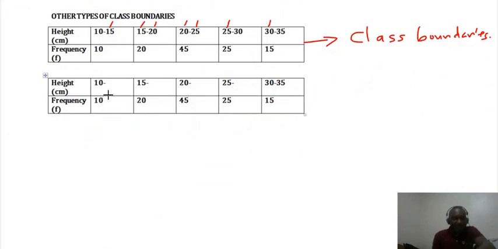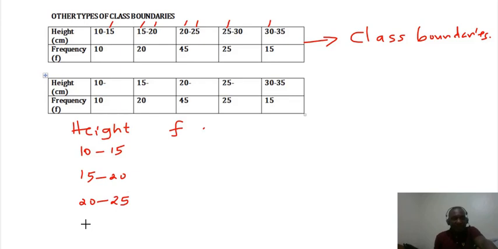The same thing happens for this type of data. So you just need to redraw the table here. You have height, and then you should have the frequency. Now this qualifies to be class boundaries directly. This means we shall have 10 to 15, 15 to 20, 20 to 25, 25 to 30, then 30 to 35 here.